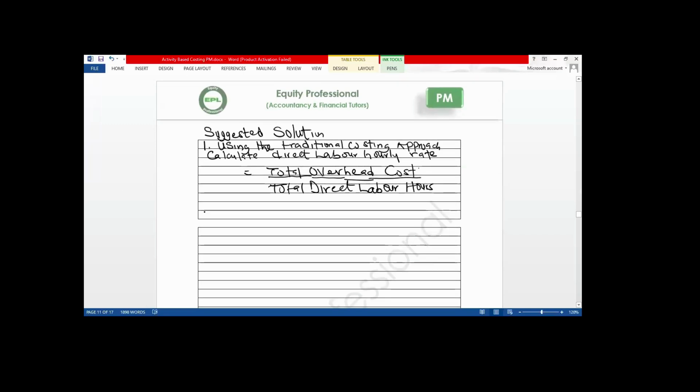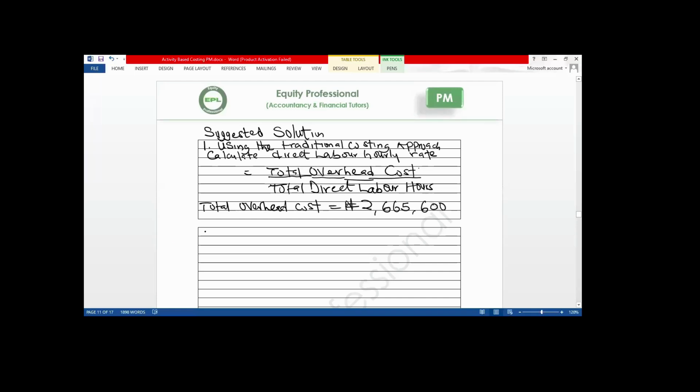If you look at the question, the total overhead cost is equal to how much, please? 2 million, 600. This is given to us.